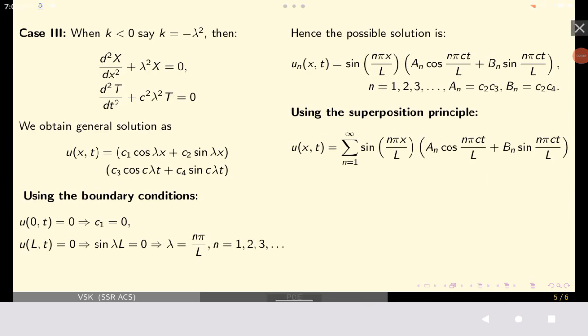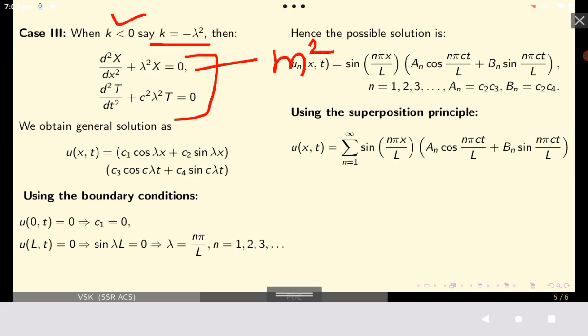Now in case number 3, let us suppose k is less than 0, so we take k as minus lambda square where lambda is greater than 0, and as we have seen in the last two cases, we'll get this equation. From this the auxiliary equation for the first will be m square plus lambda square is equal to 0.